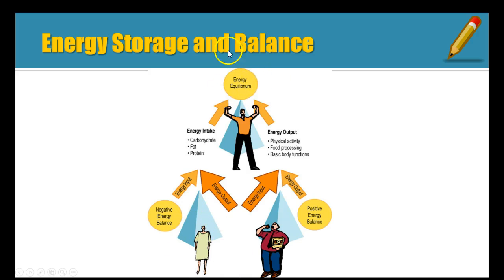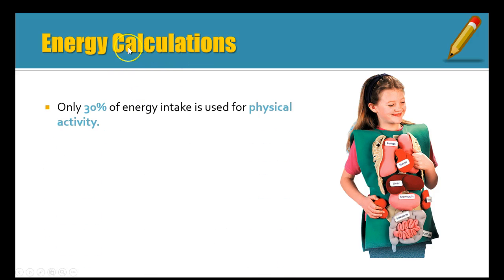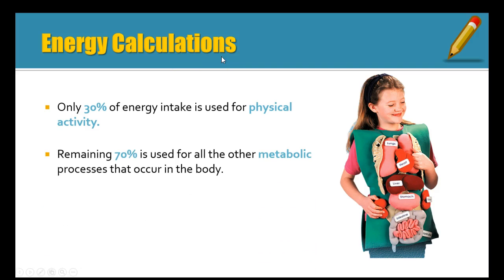If you have what we call an energy equilibrium, where the energy intake equals the energy output, you will maintain weight. About 30% of energy that you consume is used for physical activity, and the other 70% is used for all other metabolic processes.